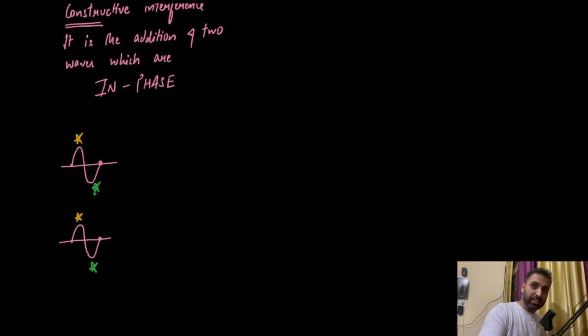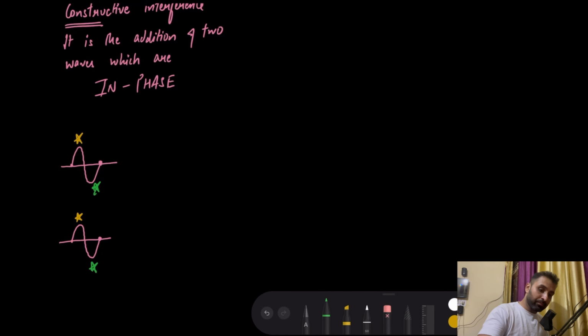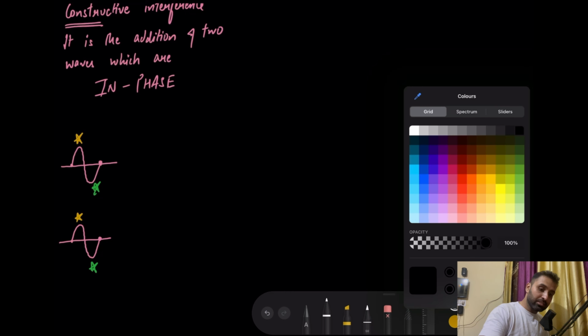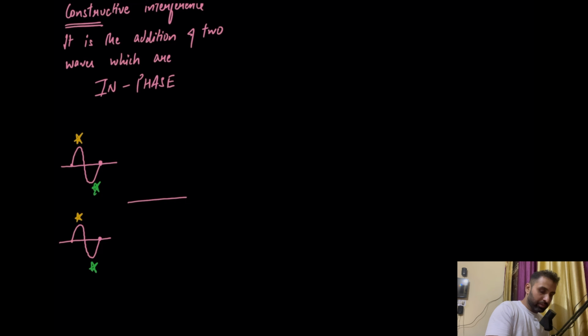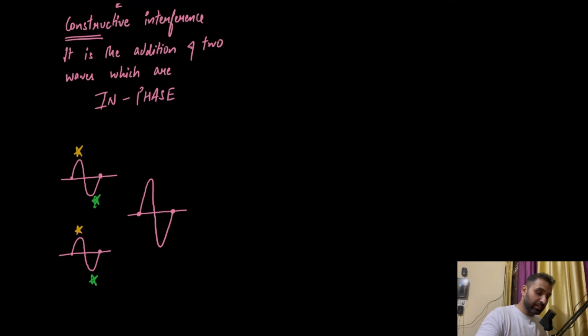The addition of two waves which are in phase is called constructive interference. So what will happen? There will be an increase of amplitude. That's our resultant wave, with increased amplitude but the same wavelength. So constructive interference results in the formation of a new wave with greater amplitude but with the same wavelength.